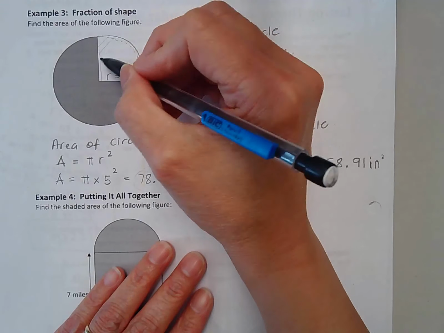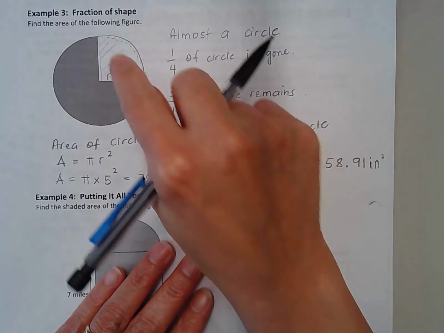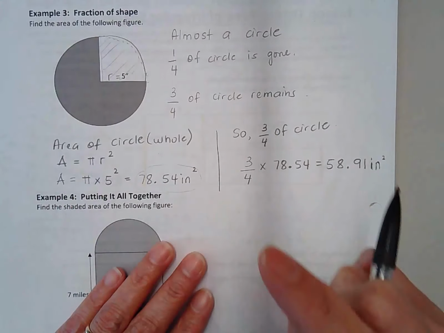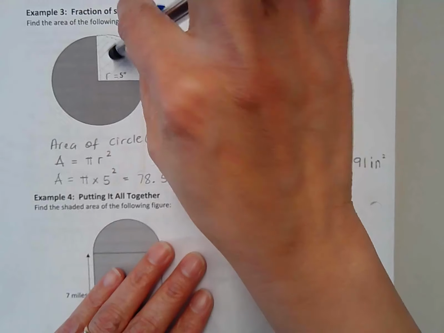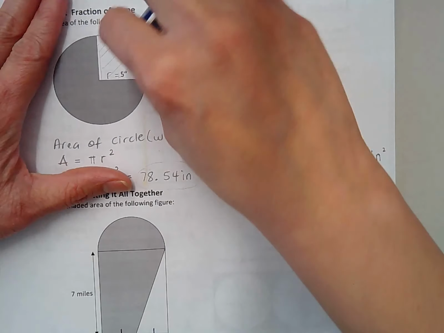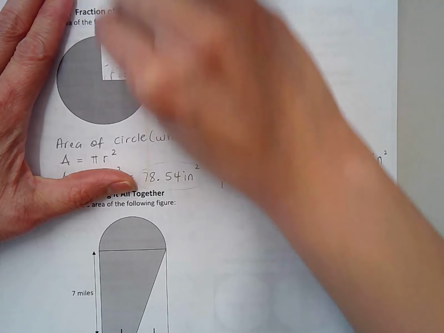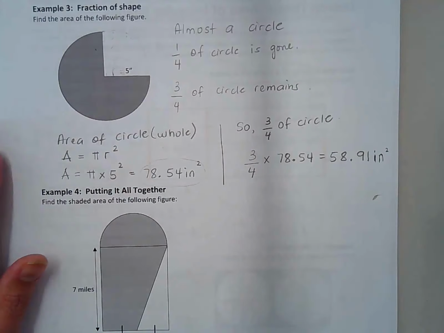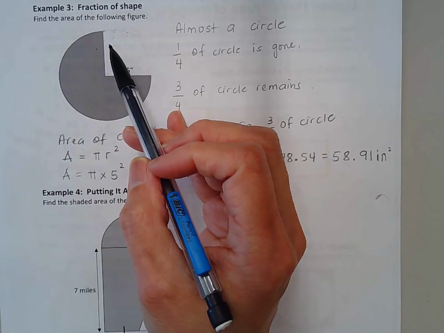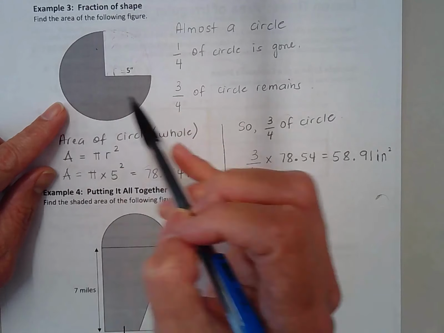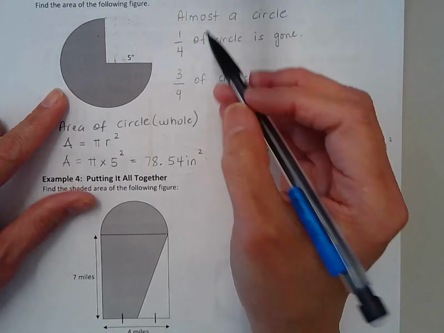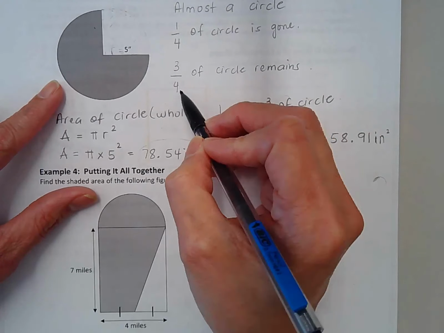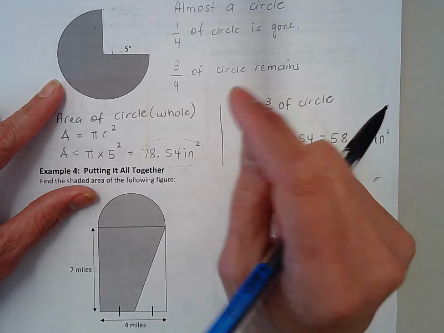But this one is not the whole circle. It's only part of the circle. So we look at this one and say, okay, this is only 3/4 of a circle that we're interested in.